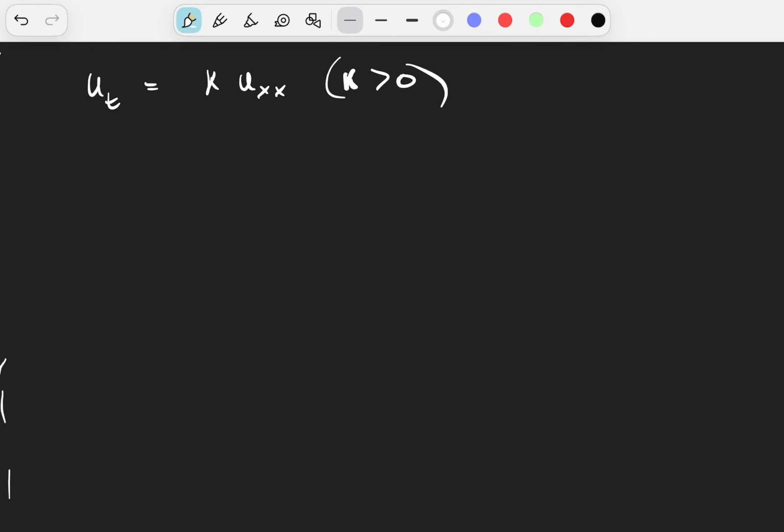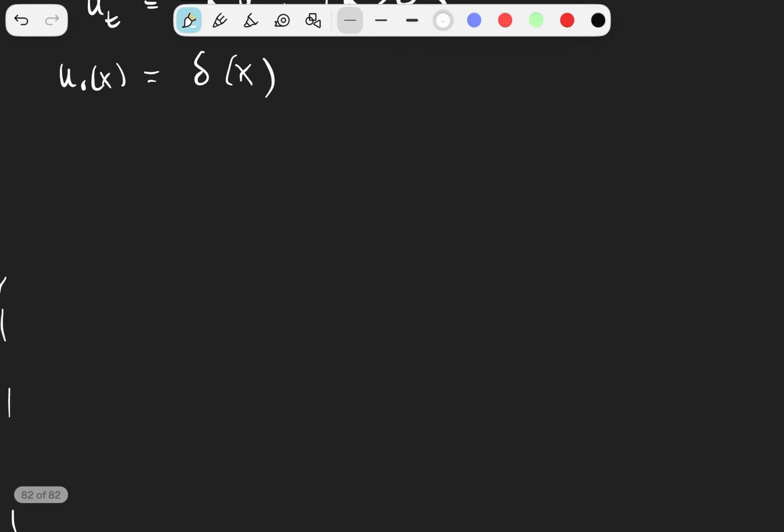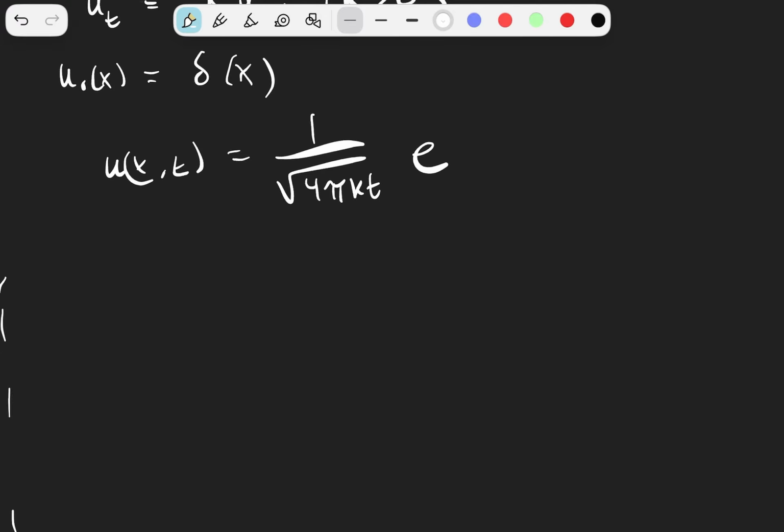If we have some initial data, let's just say it's some spike, just for argument's sake, a little spike or distribution, I have a particle or something that's then going to solve this particular equation, where the solution will be given by this fundamental solution. I think it's kappa T.